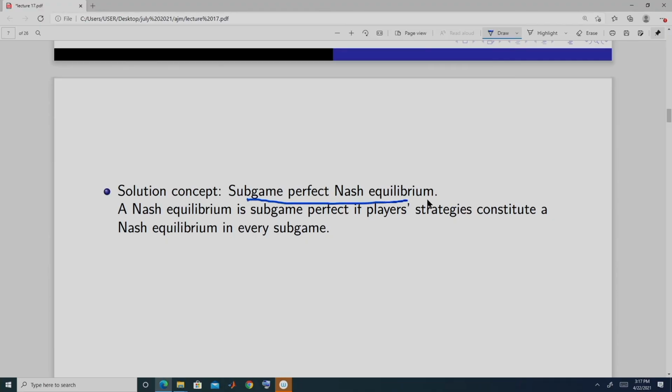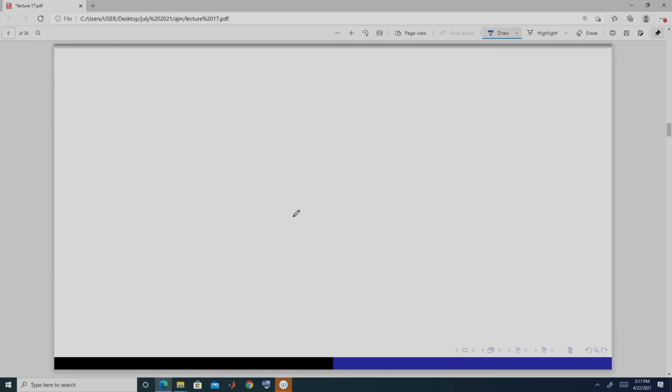A specific solution concept for this type of dynamic game is subgame perfect Nash equilibrium, which was proposed by Selten. It says a Nash equilibrium is subgame perfect if players' strategies constitute a Nash equilibrium in every subgame. So, let us take an example.